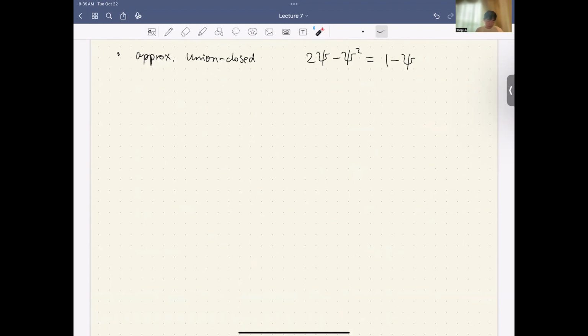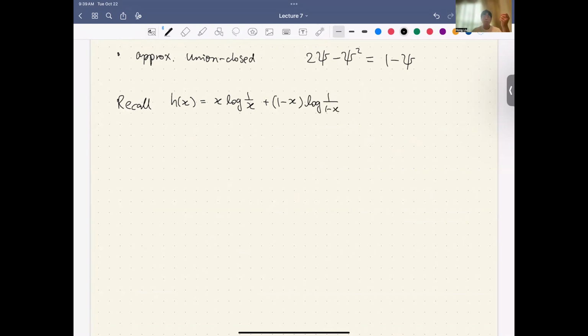Okay. So recall the binary entropy function, which is x log 1 over x plus 1 minus x log 1 over 1 minus x.